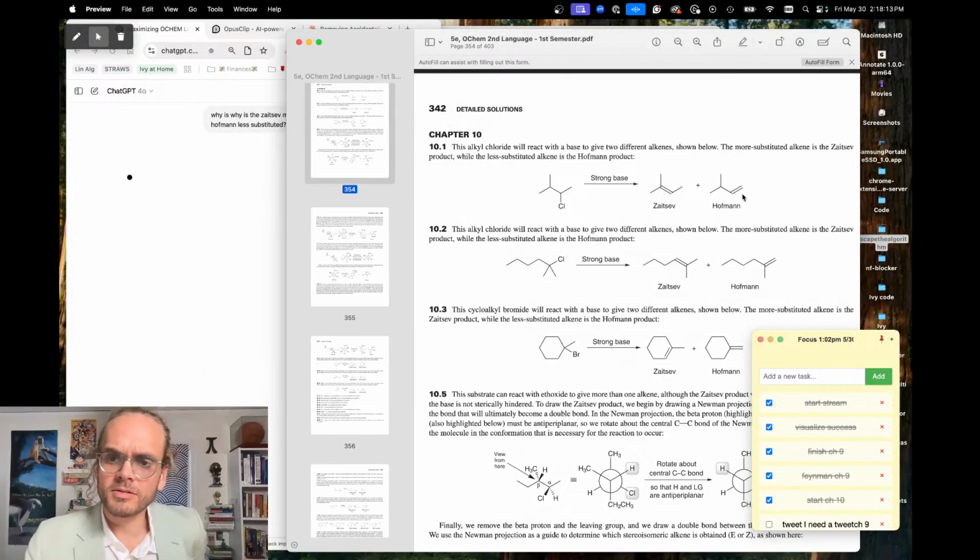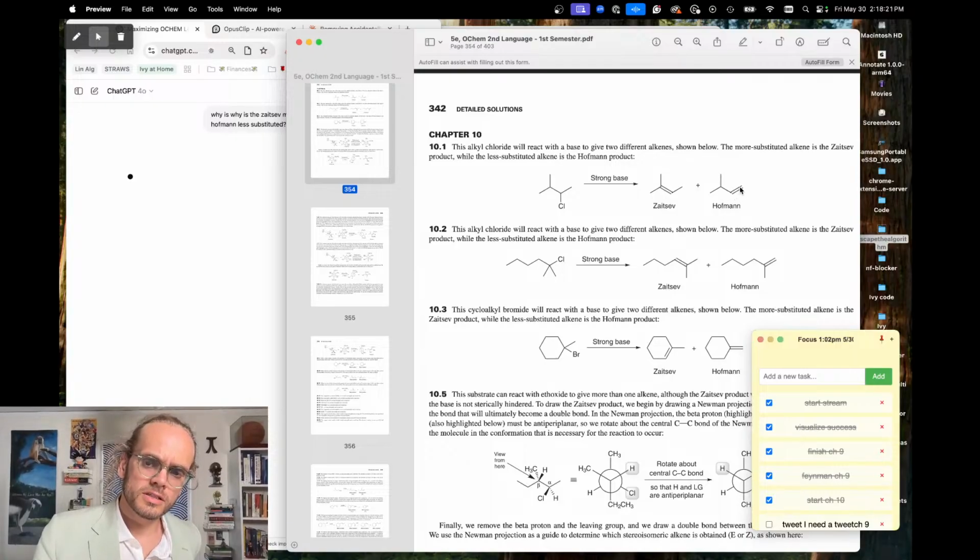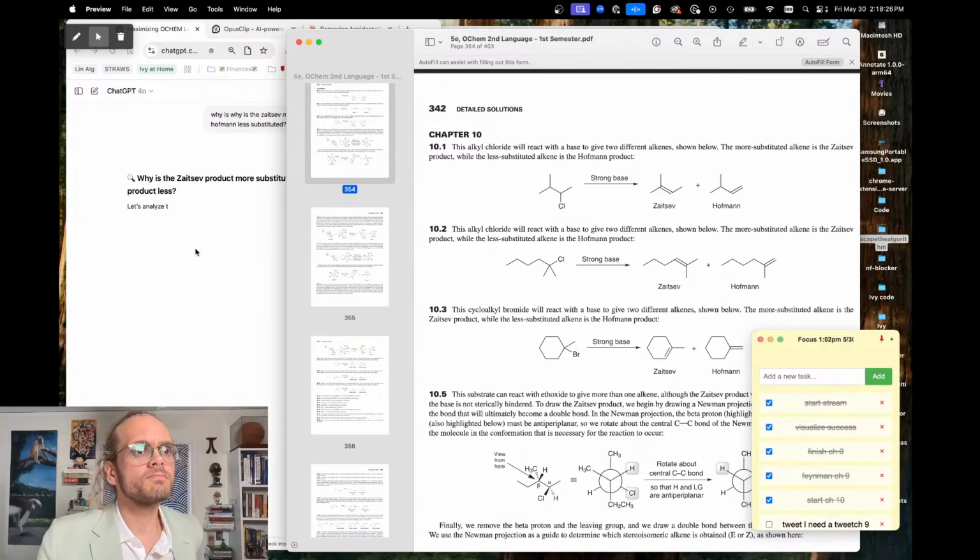I assume it probably has something to do with the fact that this is tertiary and this is just secondary, this carbon here on the side, or just, one thing attached. Let's see, though.